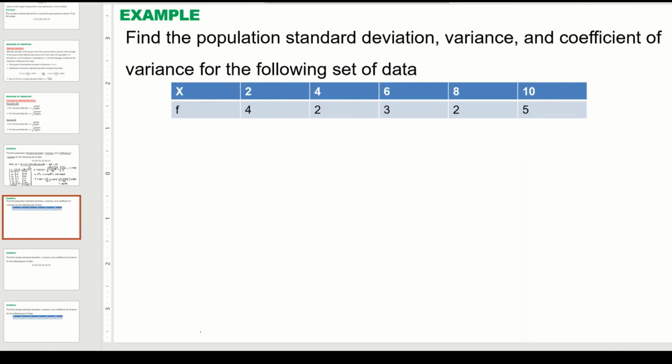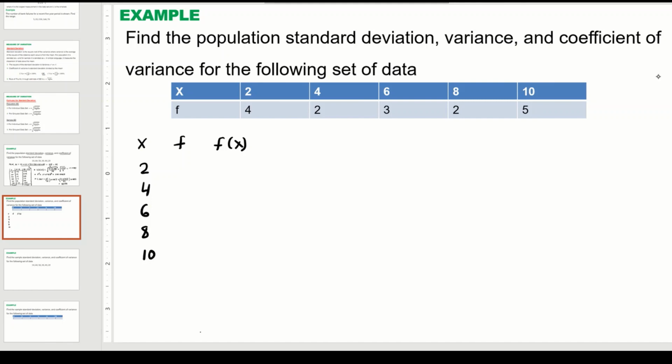In this example, first we are going to find the mean for this group data. You know that in order to find the mean for the group data, we have to make the table with x, f, and f times x. So we have the x value given, which is 2, 4, 6, 8, 10.